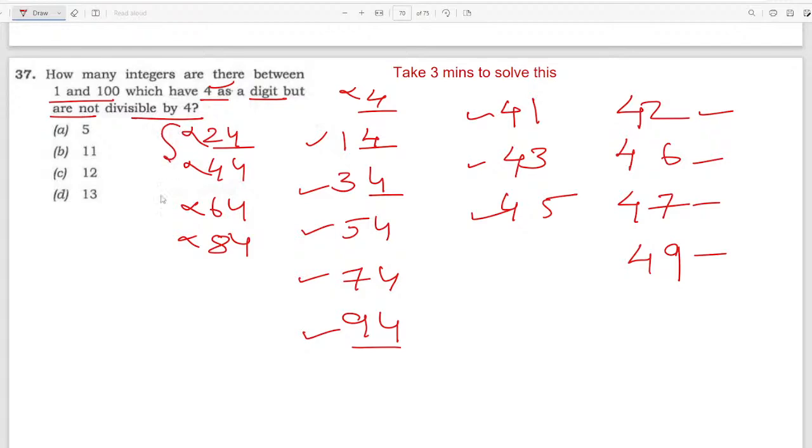These are the numbers that are divisible by 4. If we count it, 1, 2, 3, 4, 5, 6, 7, 8, 9, 10, 11, 12. The correct answer is option C, 12, not option D. People who have got option D, which was the one extra number that you have got?